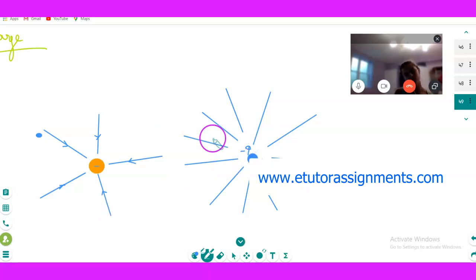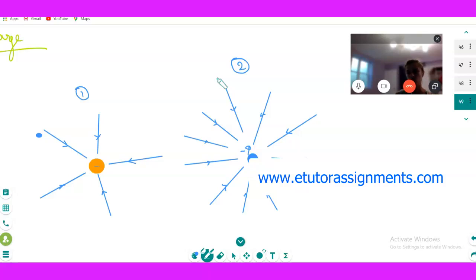Can you see these two diagrams? Which charge is stronger? Let us number them 1 and 2. 1 is this one and 2 is this one. Which charge is bigger? By seeing this diagram, can you say something or not?